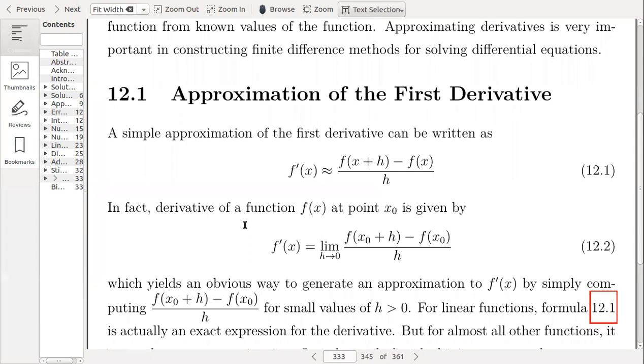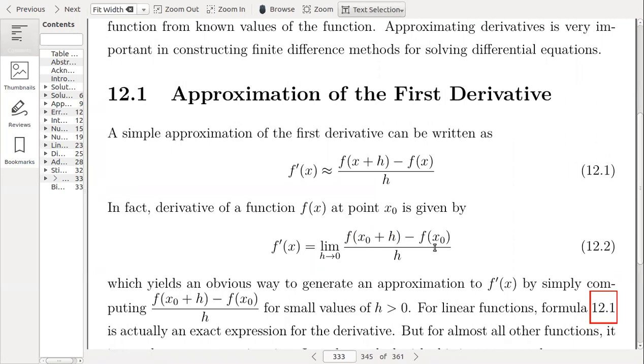In fact, the derivative of a function at point x naught is given by, if we replace this x with x naught, we have fixed the point x naught. A small increment in x naught is x naught plus h, the point of the range for x naught is f of x naught, and the point of the range for x naught plus h is f of x naught plus h.